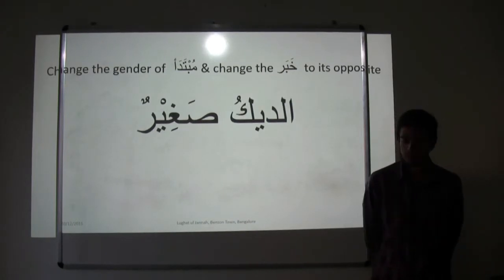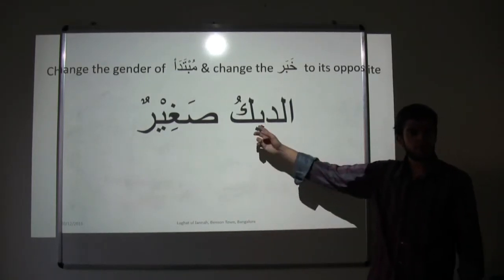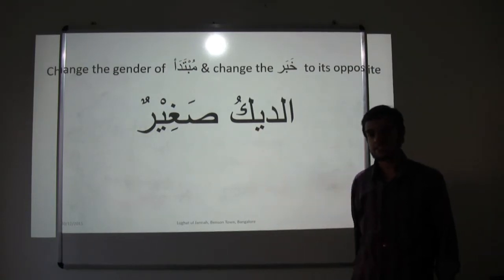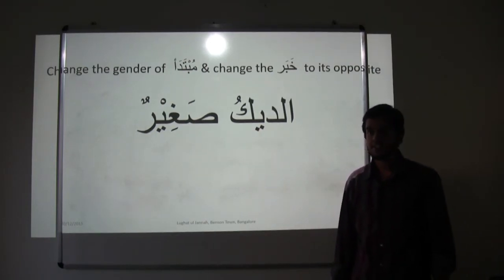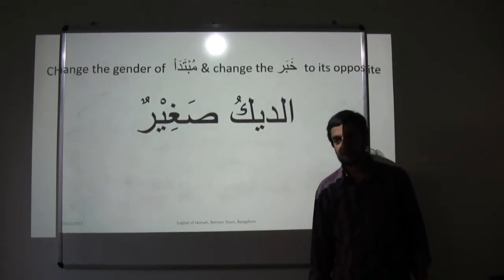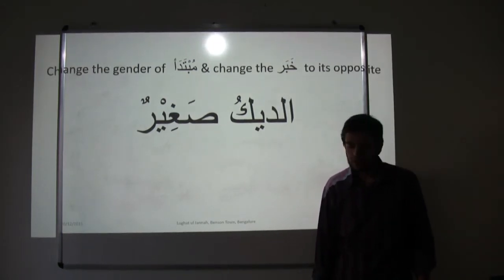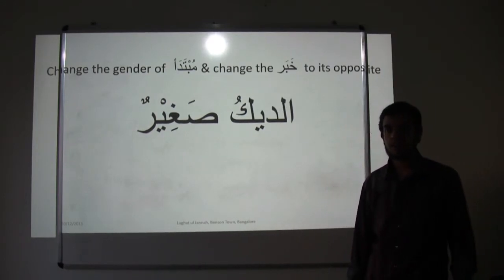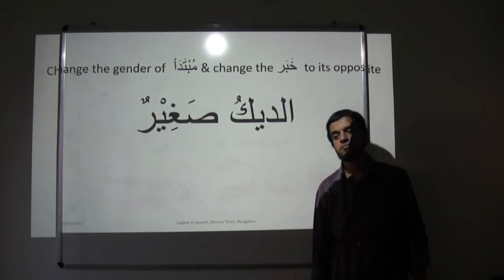The next one. Okay. Do you remember the... Yes. Ad-dajajatu. You can refer to the spelling in the previous page or I can tell you right now. Alif, lam, dal, jim, alif, jim and golta.